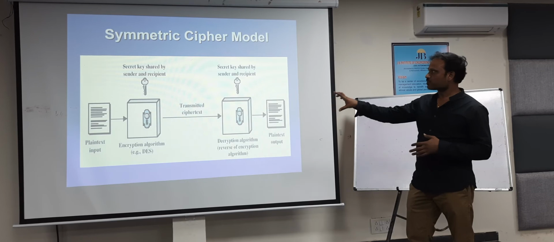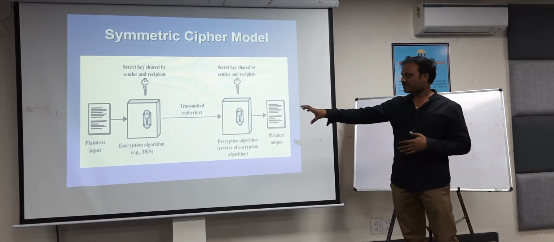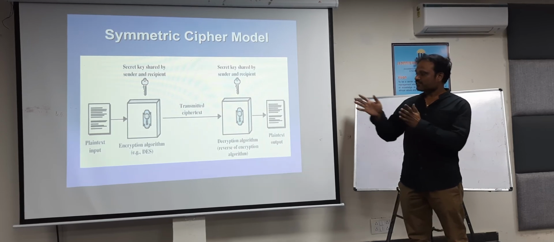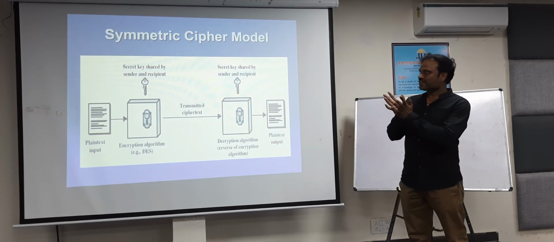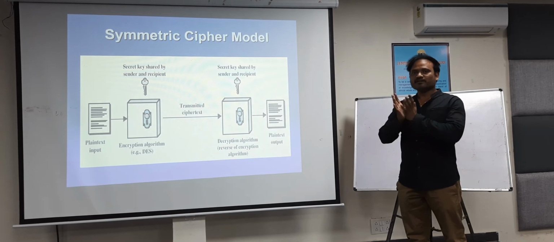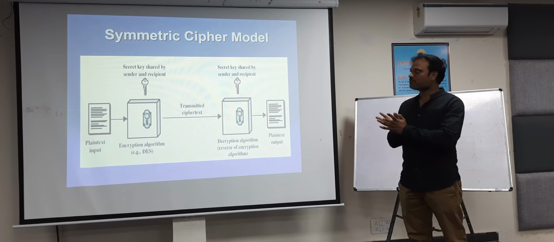In the symmetric cipher model, the sender has plain text as input, and plain text and key both are input to the algorithm. We have to remember that the key used for encryption is the same key used by the receiver for decryption.